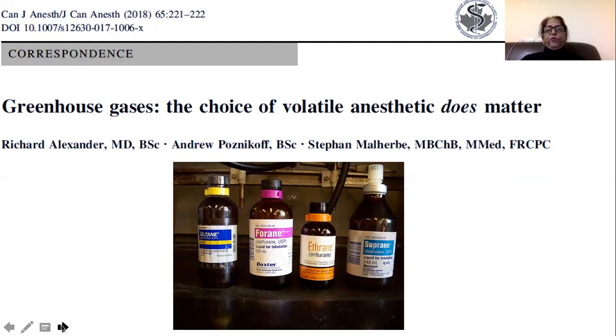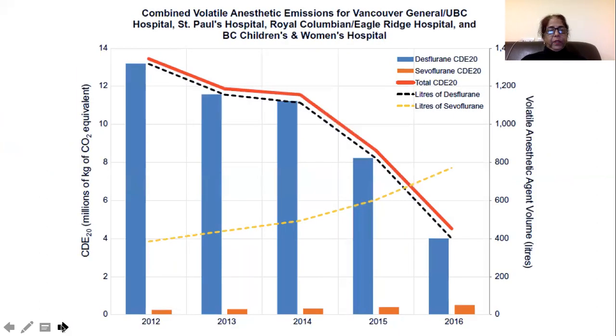Therefore, the choice of volatile anesthetic does matter when we consider carbon footprint. And because of this awareness, it was seen that in hospitals, the use of desflurane is constantly decreasing.